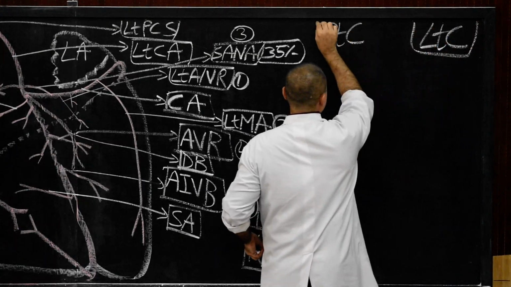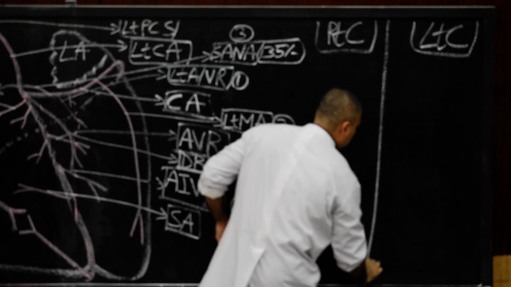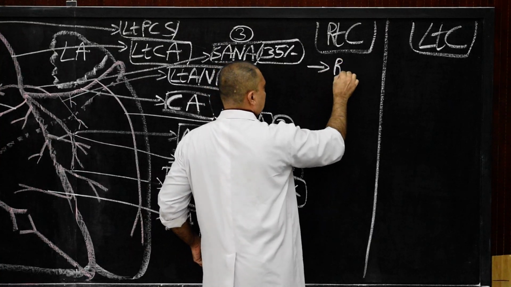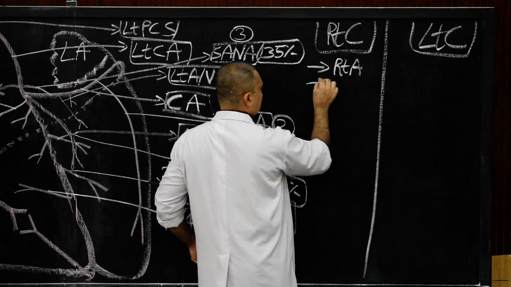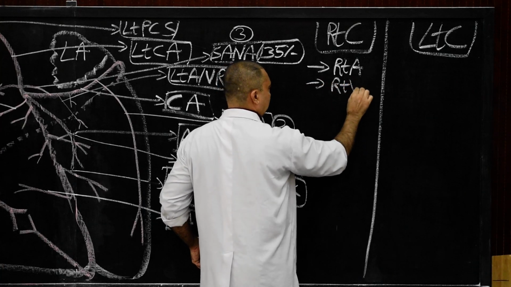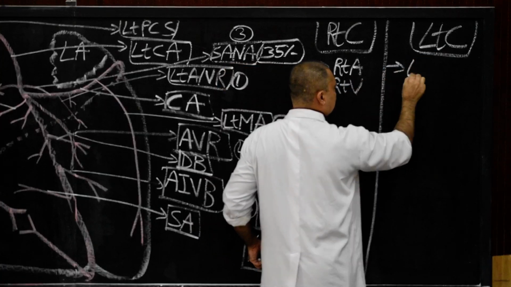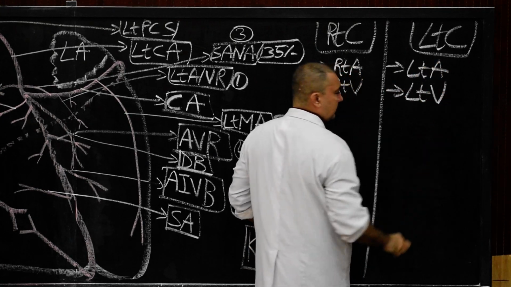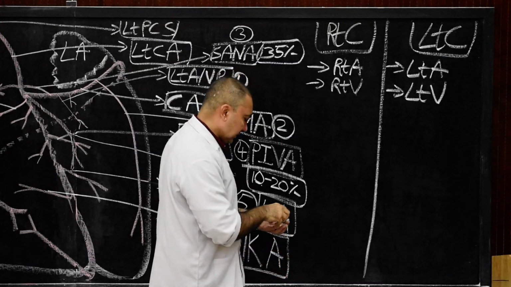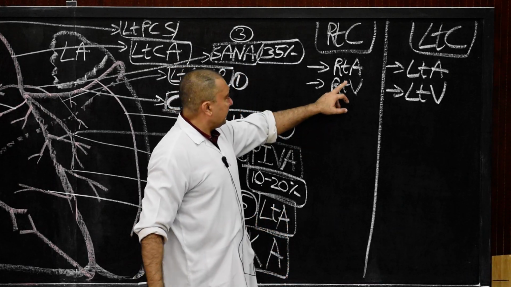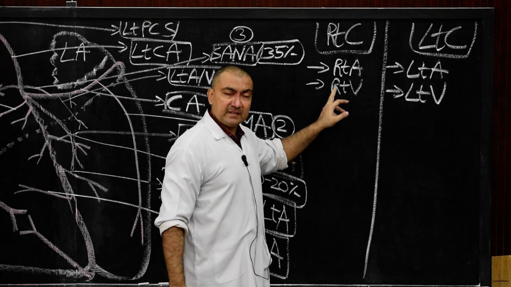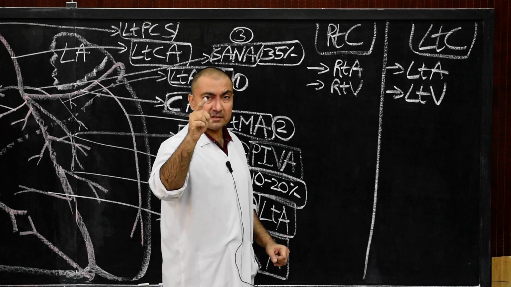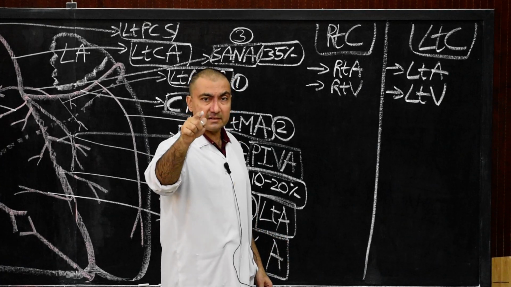To make it very simple, the right coronary artery supplies the right atria and the right ventricle, the left coronary artery supplies the left atria and the left ventricle. Except, now here comes the exception, in the right ventricle, the right coronary artery supplies almost the entire right ventricle except the area of the anterior interventricular groove.